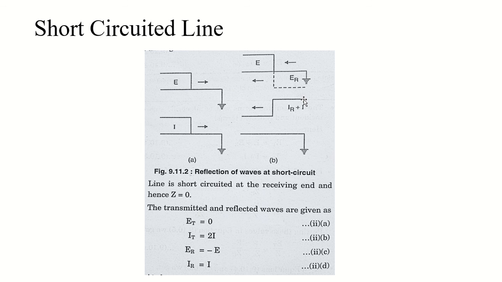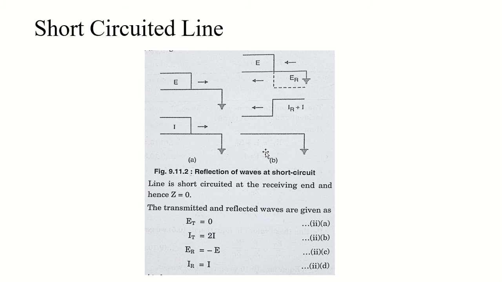And what is the value of current? Current is always maximum, so you have IR plus I added up with each other. Now in order to satisfy this scenario, the incident voltage E will be arriving at the short circuit, so the reflected wave must be equal to the E, as you can see here in this image.